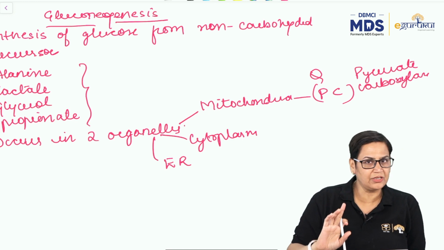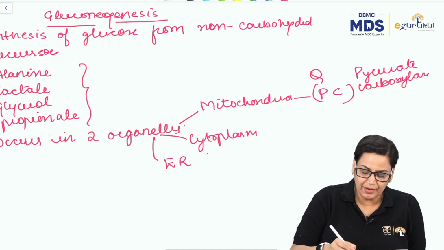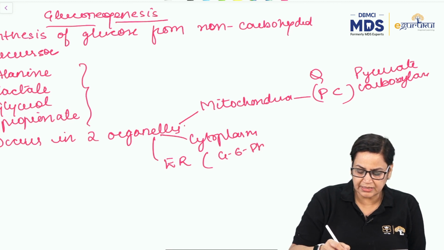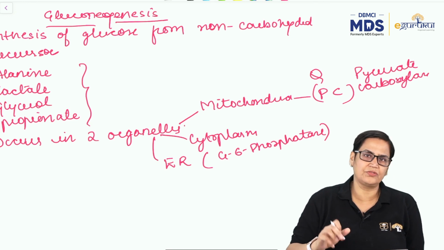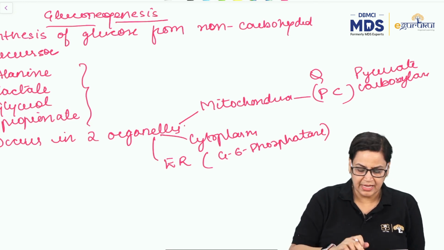The rest are in the cytosol. Okay? And endoplasmic reticulum mein last enzyme, glucose 6-phosphatase, is there, which converts glucose 6-phosphate to glucose. Right? So these are important points.